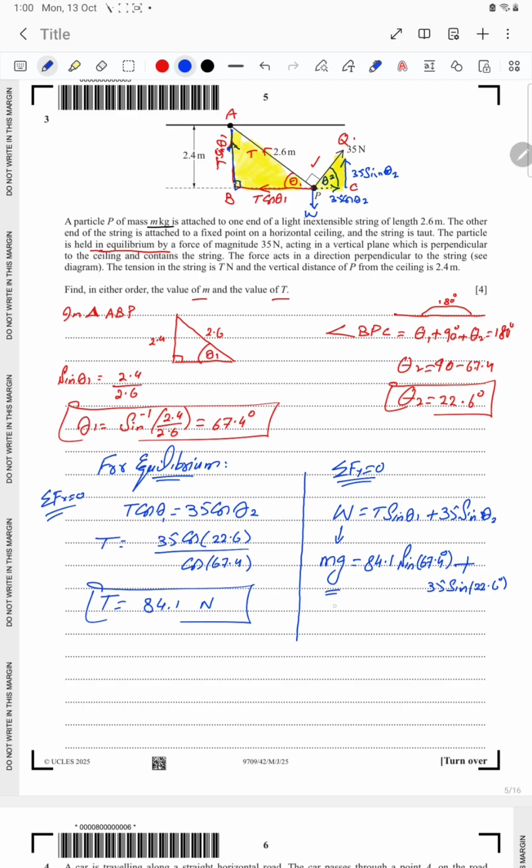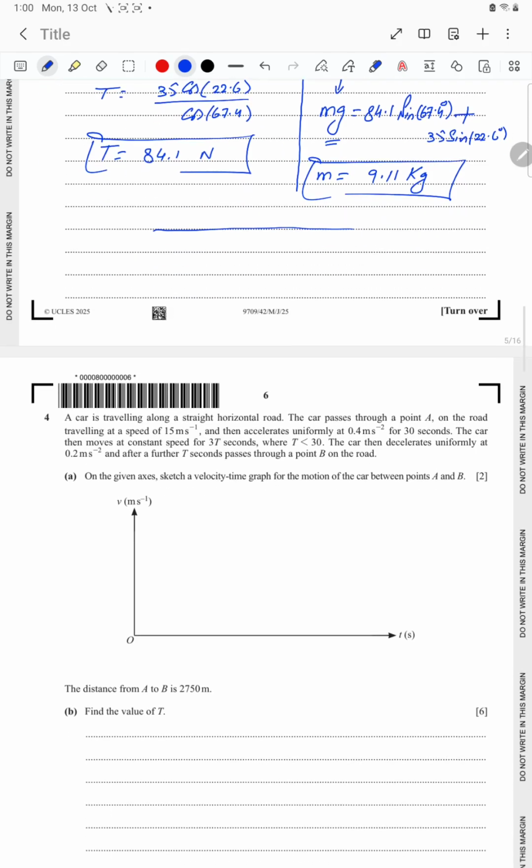The value of g is 10, so m will be the whole right hand side result divided by 10. I can find it. That gives me the answer of 9.11 kg. You can use the calculator to get this answer. I hope it is clear. Let's proceed to the next question.